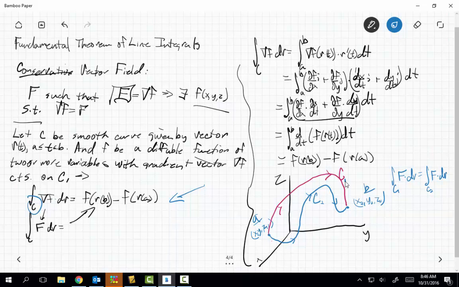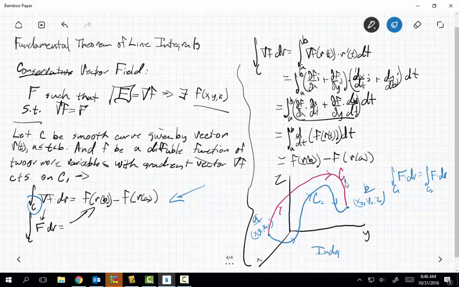And C1 and C2 are piecewise smooth. Remember that? In other words, they're not disjoint. We're not jumping around the vector field to get around. If this is true, then what does that tell us? Well, it tells us that these are independent of path.